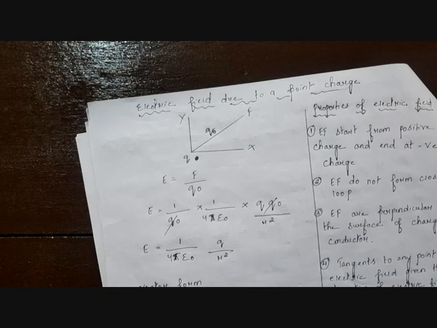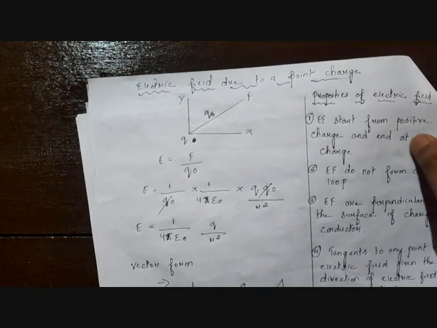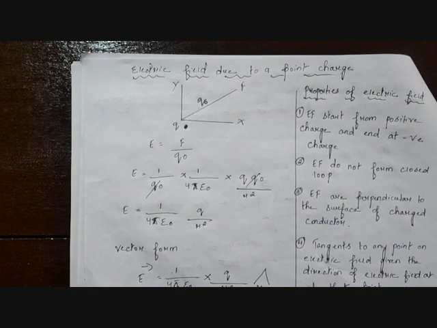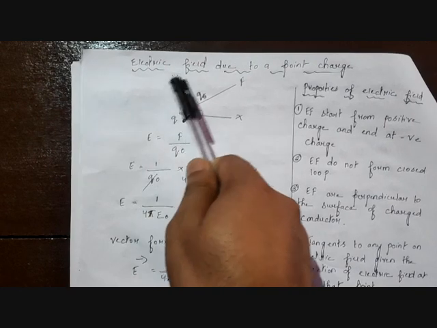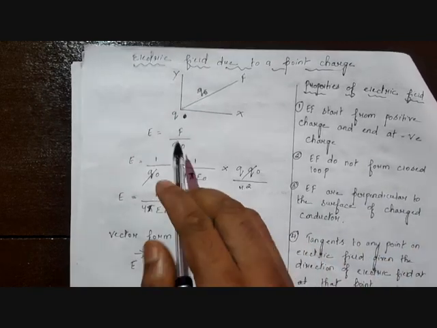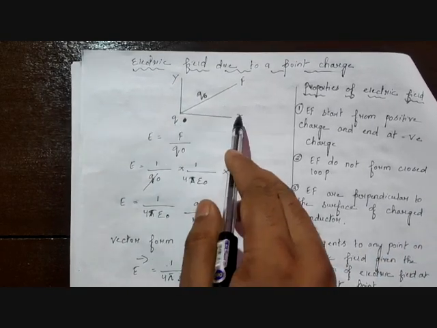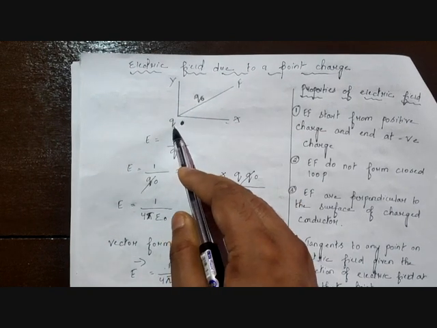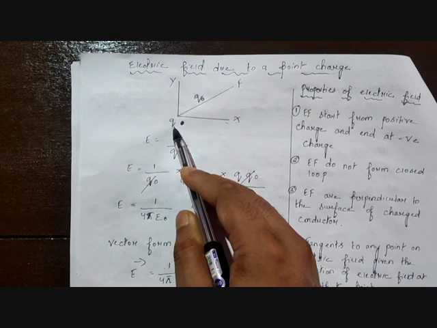Next is electric field due to a point charge. Listen carefully, it's very easy, don't get confused. Can you see this? I'm taking two axes, the x-axis and y-axis. This is the source charge, which is giving out the electric field.